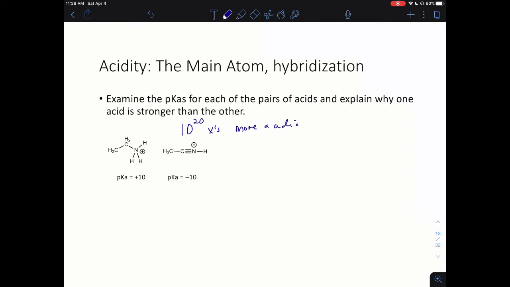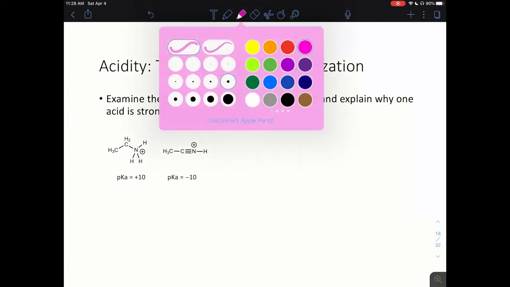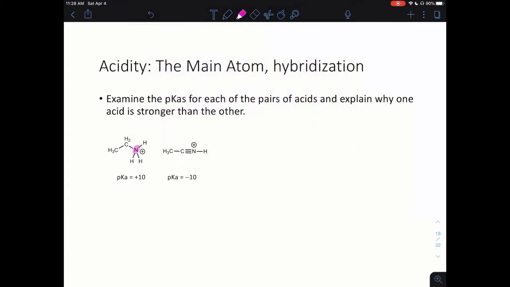That's amazing. So what is going on here? Well, compare the two atoms. We have our main atoms. This time the main atoms are the same element. What about them is different?